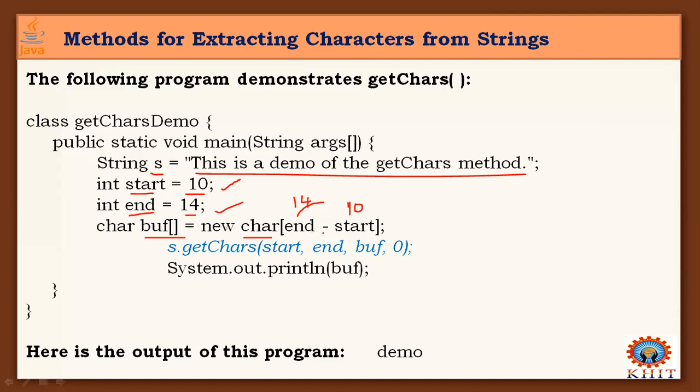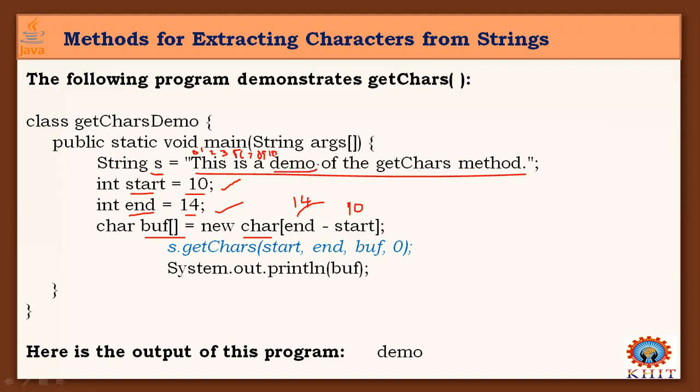Indexes 10, 11, 12, 13, 14. First this is 0, this is 1, this is 2, 3, 4, space, 5, 6, 7, 8, 9, and 10.